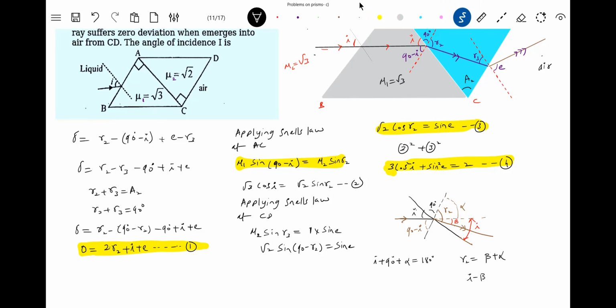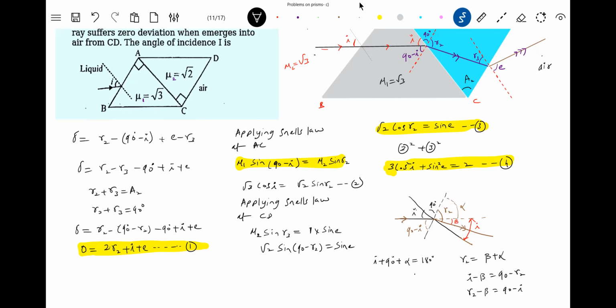I minus beta equals 90 minus R2. R2 minus beta equals 90 minus I. So alpha will be equal to 90 minus R. Okay, we are getting the same thing.